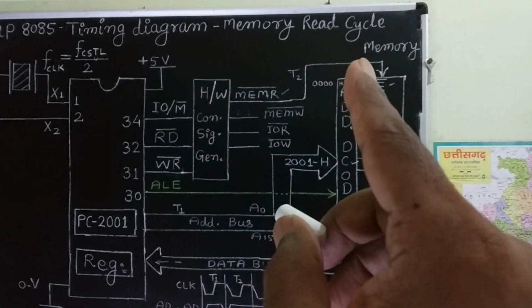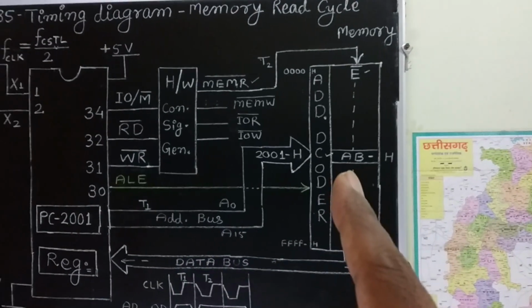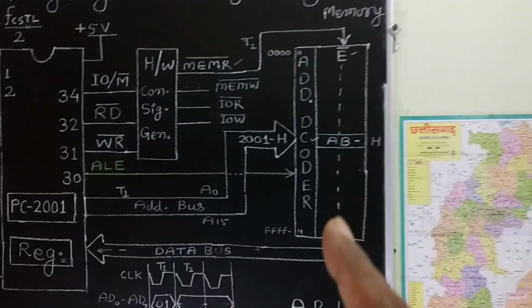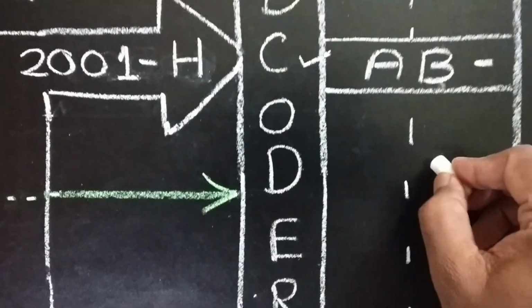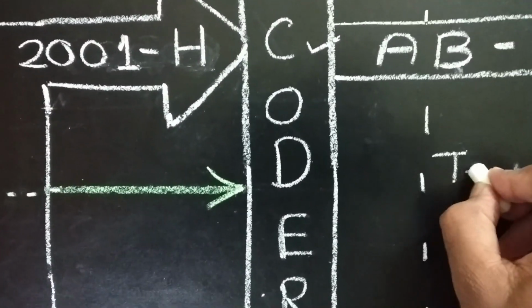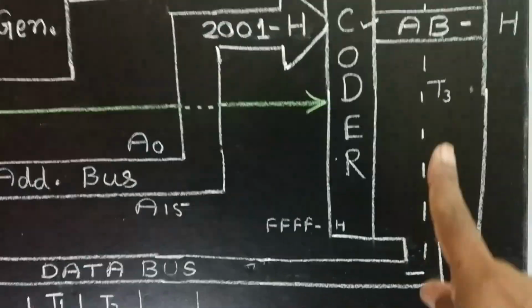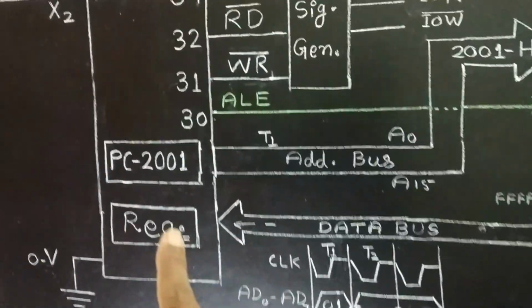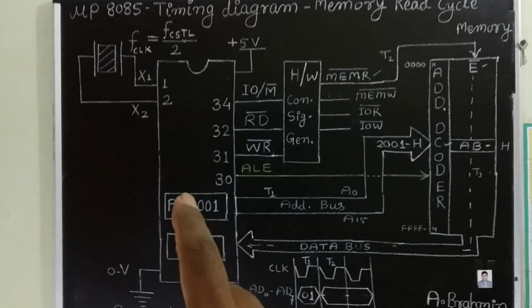During T2 time this will be enabled, and after T2, during T3 time, this data AB will be transferred from memory via the data bus to inside the microprocessor. So this is one complete cycle.